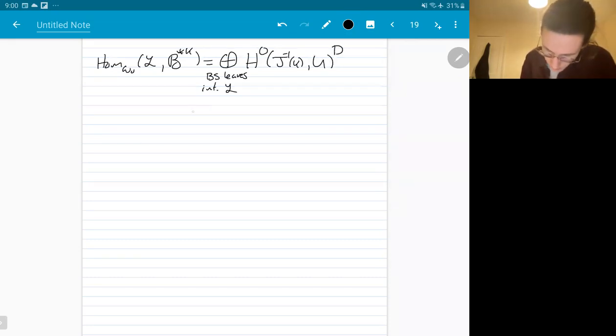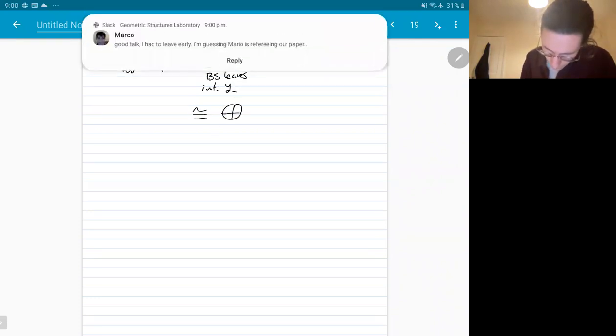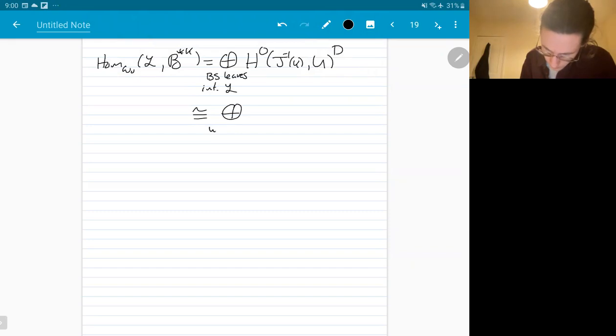And what we get basically is a decomposition over the points inside of the Delzant polytope intersect the lattice points. And this is actually canonically isomorphic to the global sections of the line bundle. Again, it's actually giving us the weight space decomposition.